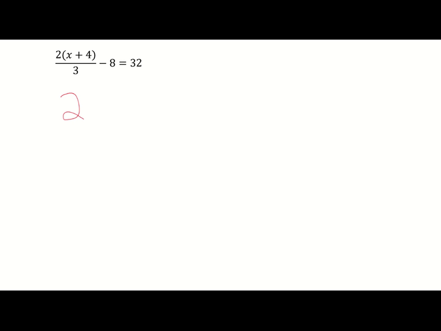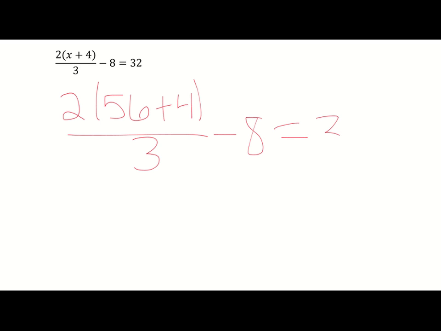So if I plugged in 56 back in for x, and then simplified this, I should get that the left side is the same as the right side. So order of operations, first it says parentheses. So if we take a look, we need to do 56 plus 4, that's 60.